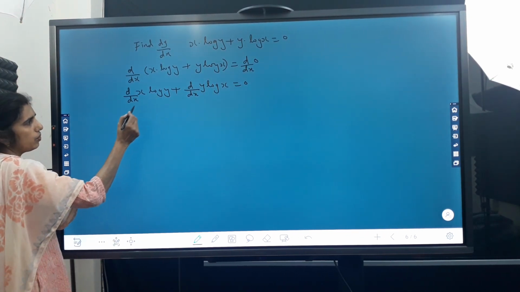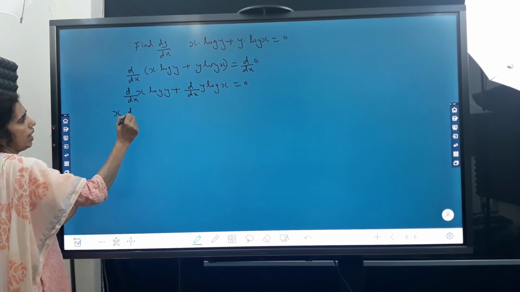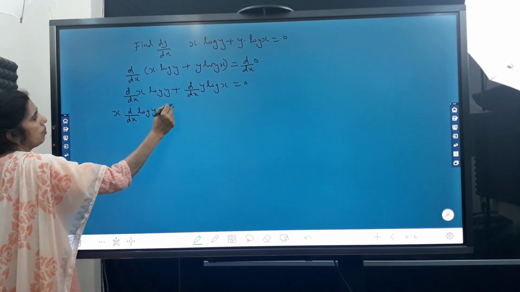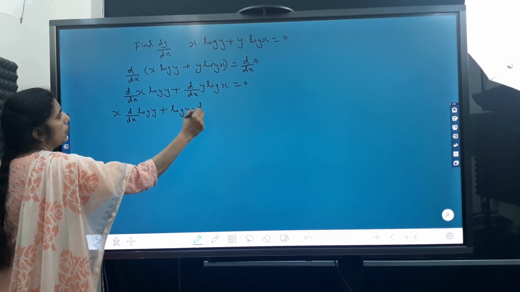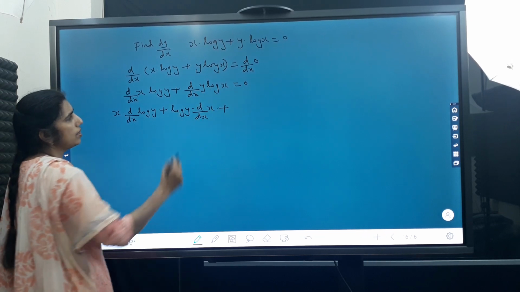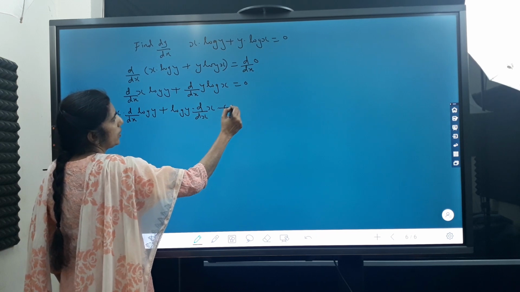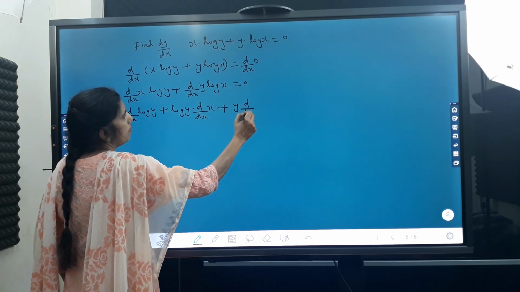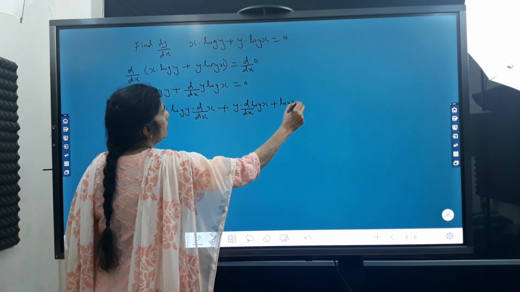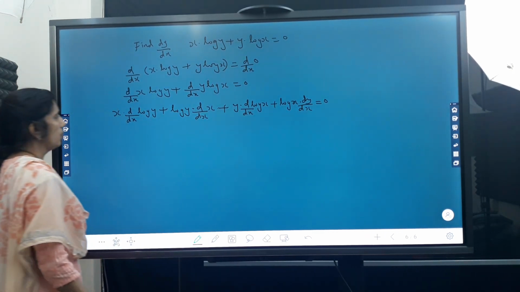This is the product of two functions, so we will have to use product rule. So we have x into d by dx of log y plus log y into d by dx of x, plus, again for this d by dx of y log x, we have to apply product. So it is y into d by dx of log x plus log x into dy by dx equal to 0.